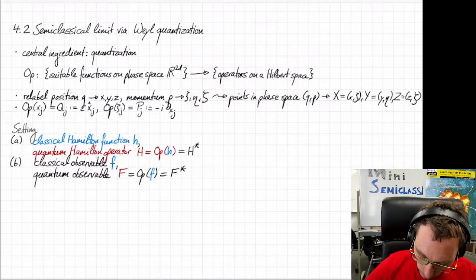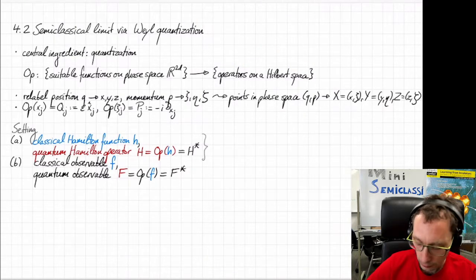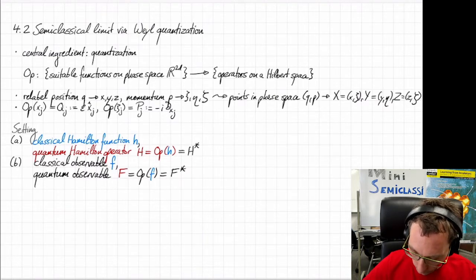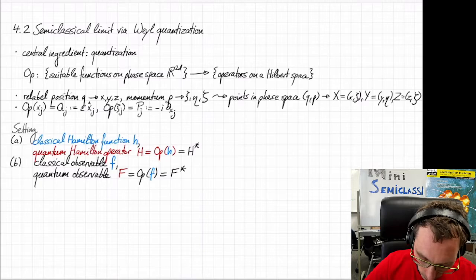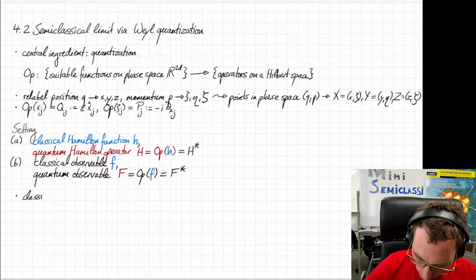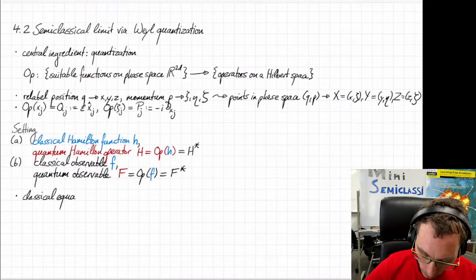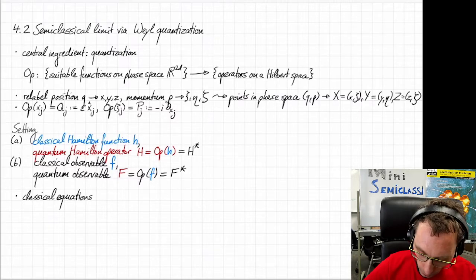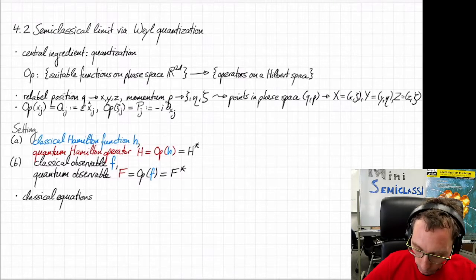Of course, we can either evolve states, or we can evolve observables. Exactly. Let me just write down both.